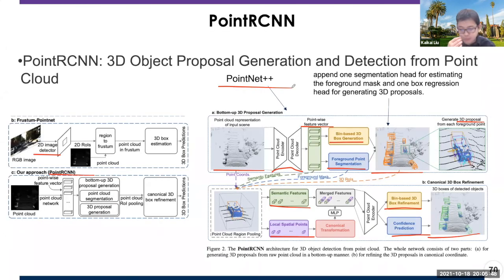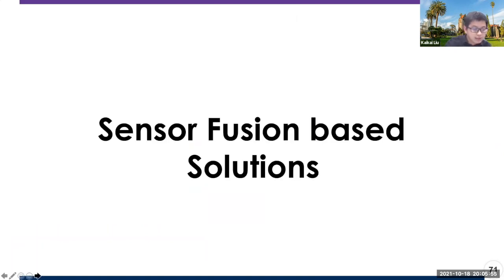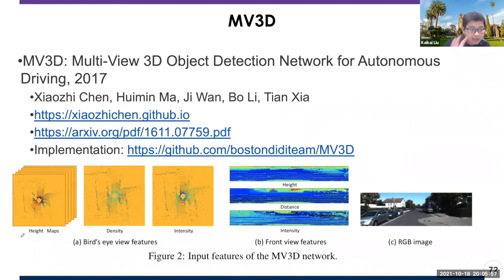Okay, so previously we talked about some of the LiDAR-only based solutions, right? There are also some approaches that do LiDAR and image fusion. There are some famous works. For example, one is called MV3D. MV3D is a pretty interesting fusion approach, because the LiDAR has multiple bird's eye view height maps, densities, intensities.